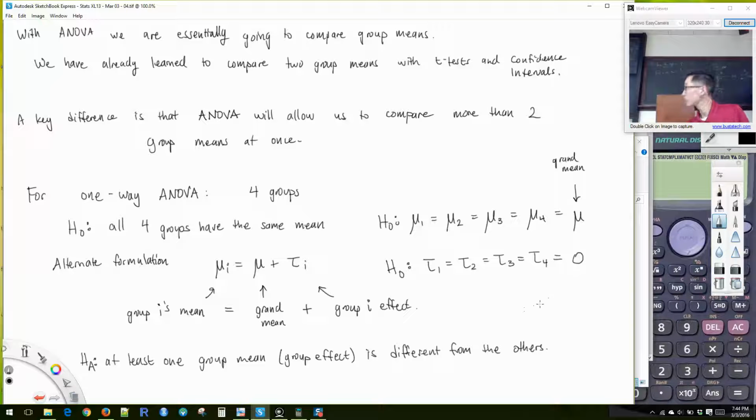Or at least one group effect is not 0. And so our alternative hypotheses will always be non-directional if there are more than 2 groups.